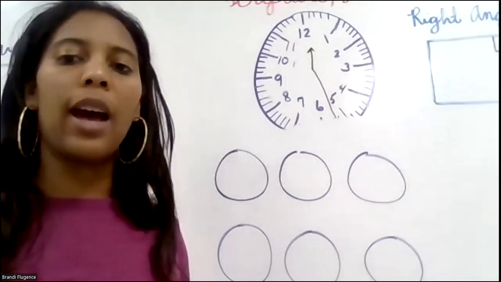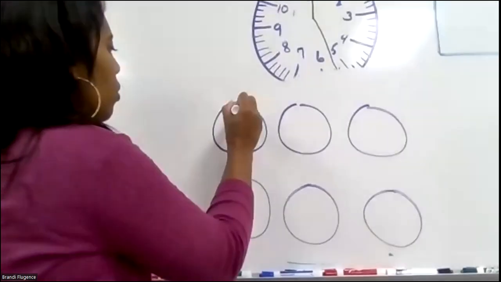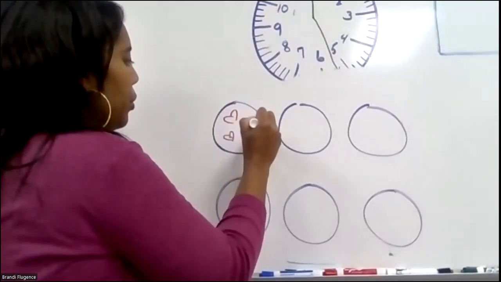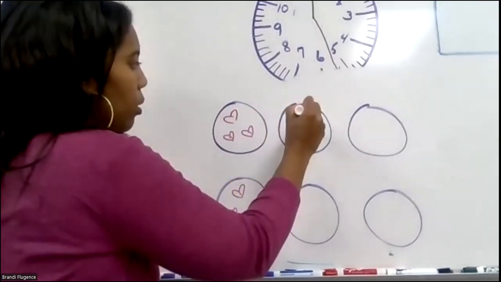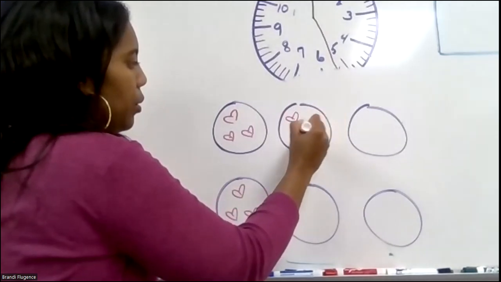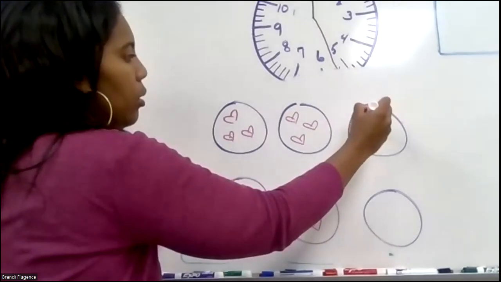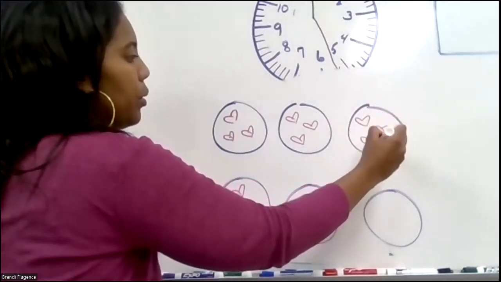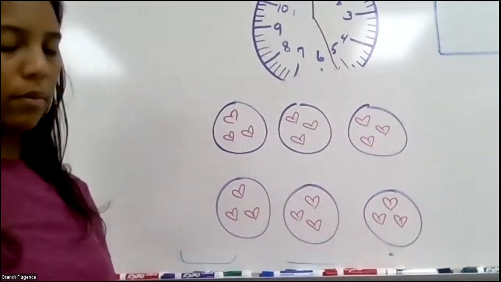And on each plate, we have 3 heart cookies. On each plate, we have 3 hearts. So 1, 2, 3. 1, 2, 3. So on each plate, we have 3 hearts.